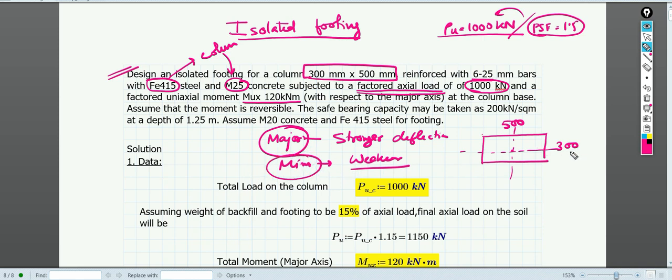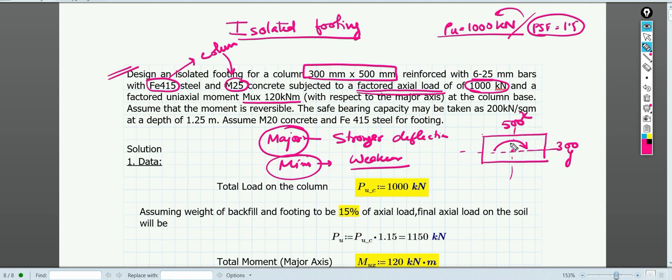So here if I say this is the y-axis and this is the x-axis, in that case the moment is acting about an axis about which it is stronger, that is, the major axis. So the moment is acting about this one because about the x-axis it is stronger, right? About the x-axis, if I want to deflect it, it will be stronger than the y-axis.